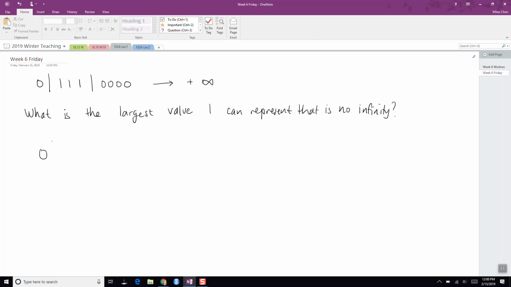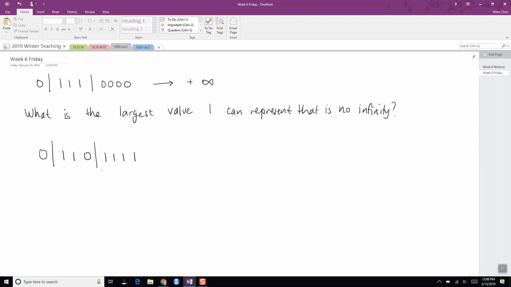If we're talking about our largest positive value, our sign bit will be 0. And what's the largest exponent I can have that's not going to push me into infinity or NaN? 110, right? And then what will be the largest mantissa that I can then have? All ones, right? So this is what we'll have.